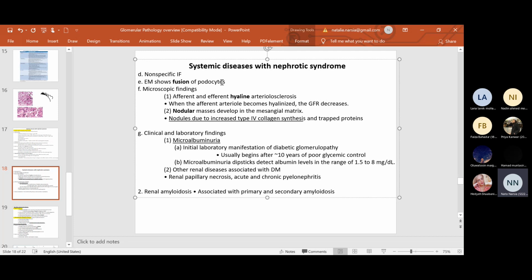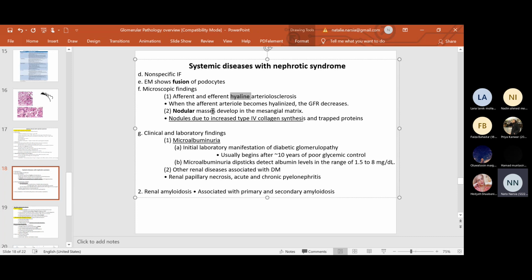EM shows fusion of podocytes. Fusion of podocytes, the epithelial cells, are damaged obviously because of hyperfiltration. Microscopic finding, definitely you need to find this hyaline arteriolosclerosis, that is pink deposition around the arterioles, right?